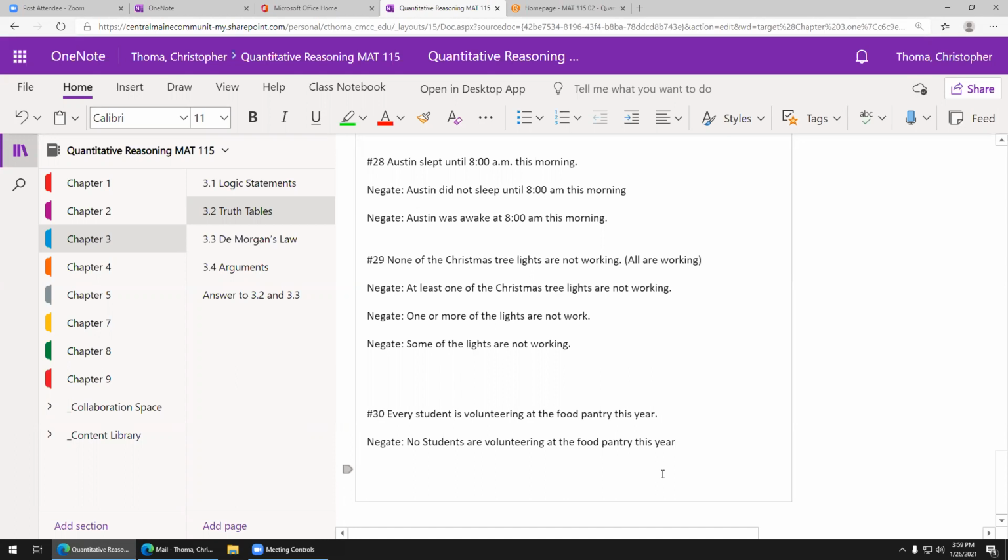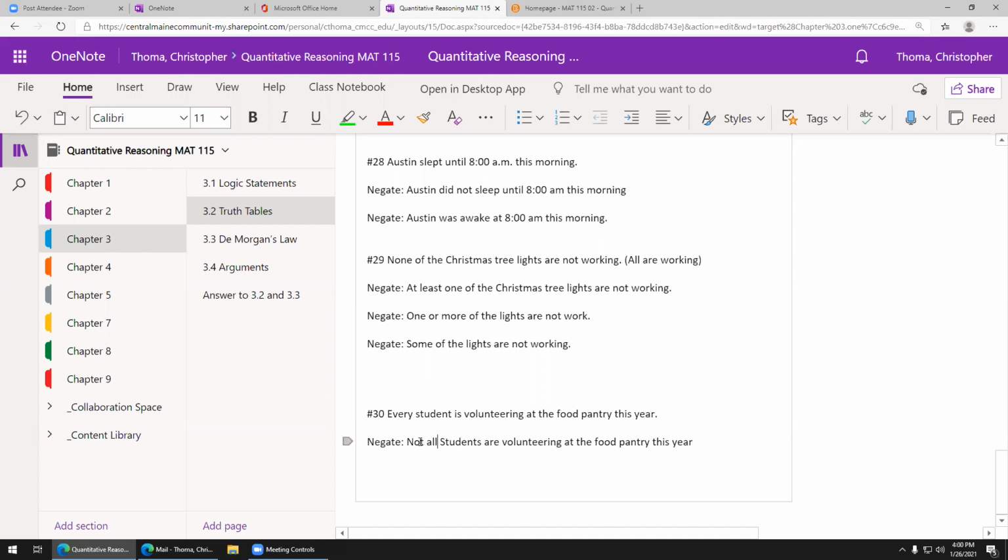Close, because you're missing the partial piece, right? The first one is all, this one is none. What we're missing is some. So Zach is correct if we add the statement not all students.